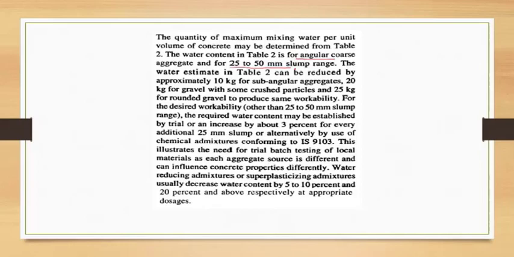Now, what is given in our question? The shape of the aggregate is given as rounded and the slump is given as 75 mm. So we have to make adjustments for these two. But no admixture is given, so we do not have to make the third adjustment.